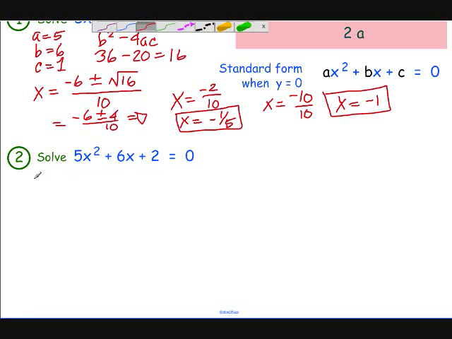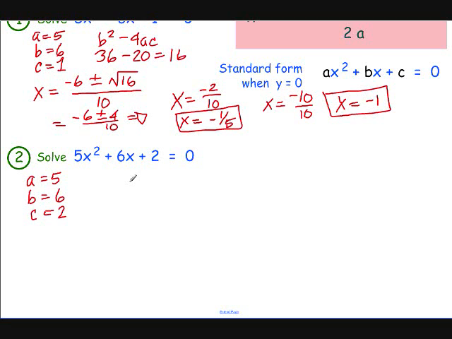My A is equal to 5, just like the last time. My B is 6, my C is 1. Now these were in the proper order, right? X to the second power, x to the first power, x to the 0 power.